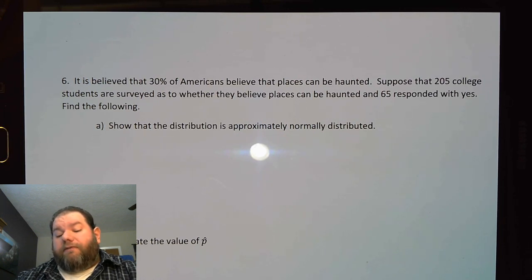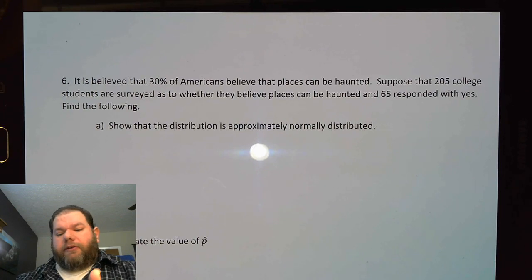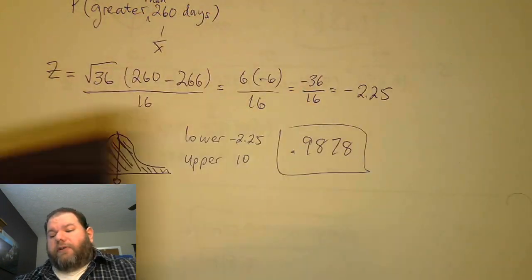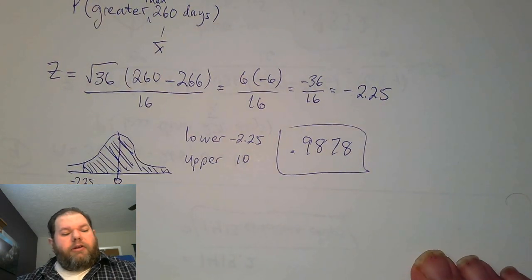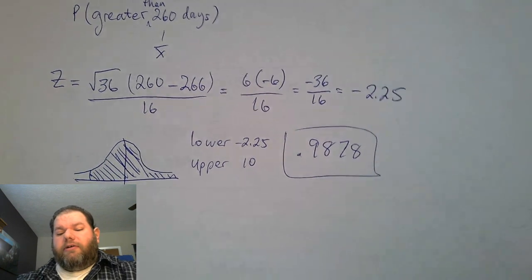Suppose that 205 college students are surveyed as to whether they believe places can be haunted, and 65 responded with yes. Find the following. Okay, before we dive into this problem, again, we want to write down our key values.